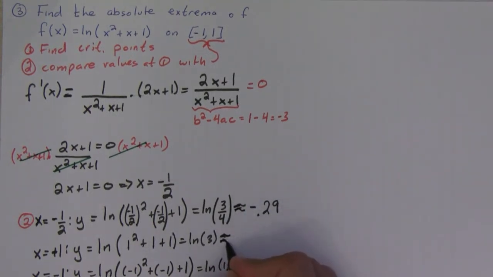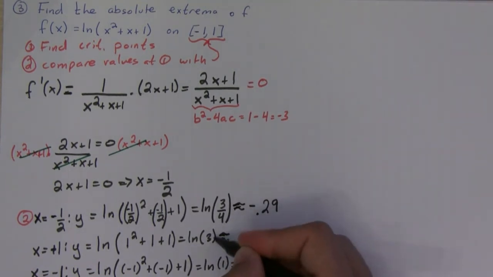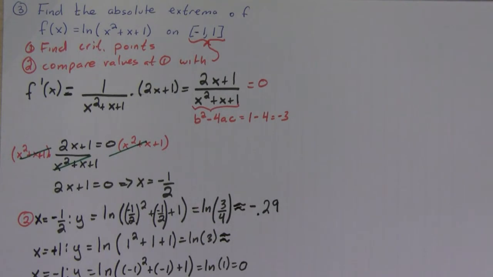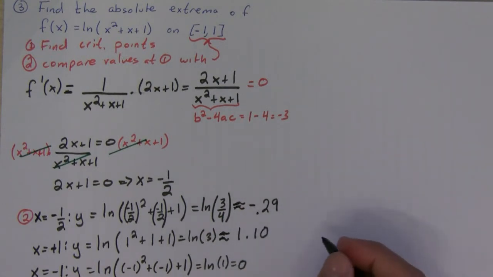And natural log of 3, well, this is the largest number because it's the biggest argument inside of the log. But if we find an approximation, it is approximately 1.10. And the third one is just 0.